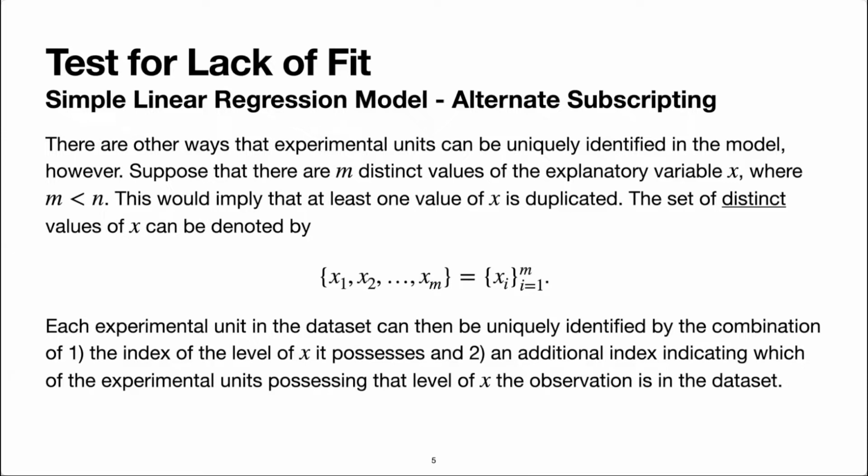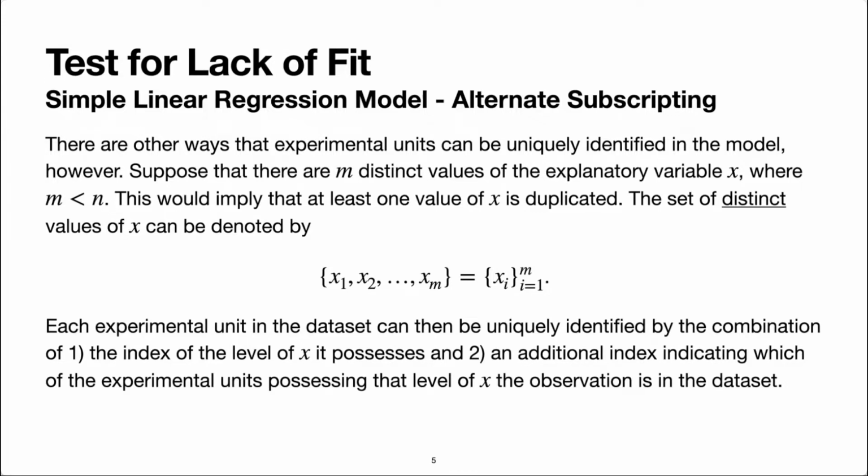In other words, what that would mean is that for at least one level of x, there are at least two experimental units possessing the same value for their explanatory variable.